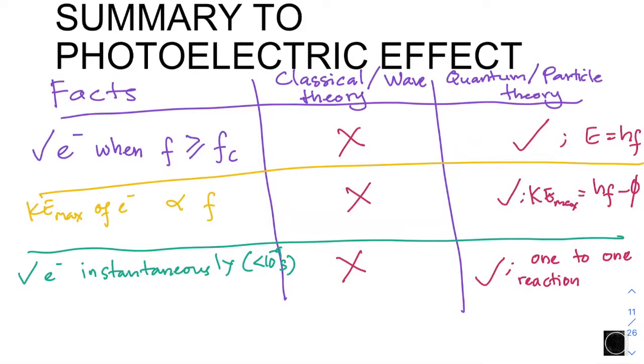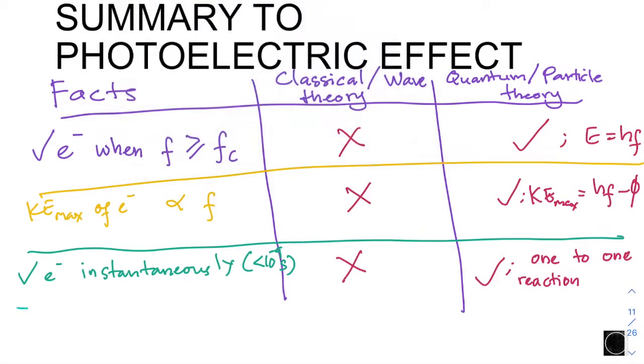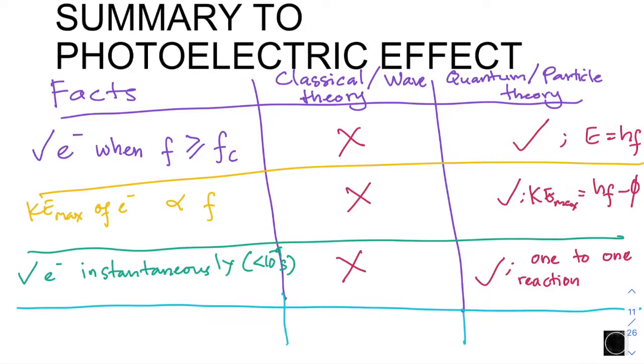Right. The next one will be about the current produced. The current produced or observed in the photoelectric effect circuit is directly proportional to the intensity of the incident light.